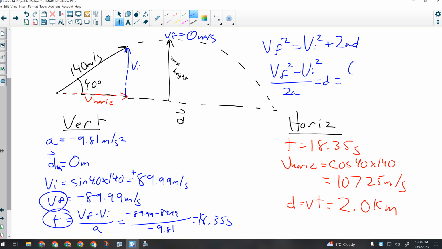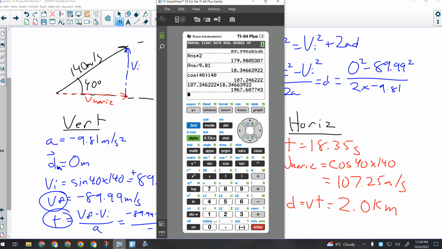When I plug in those numbers, that's 0 squared minus 89.99 squared divided by 2 times negative 9.81. So if I take that number squared and divide that by 19.62, it's going to reach a maximum height of 413 meters. We only have two significant digits, so 4.1 times 10 to the 2 meters.